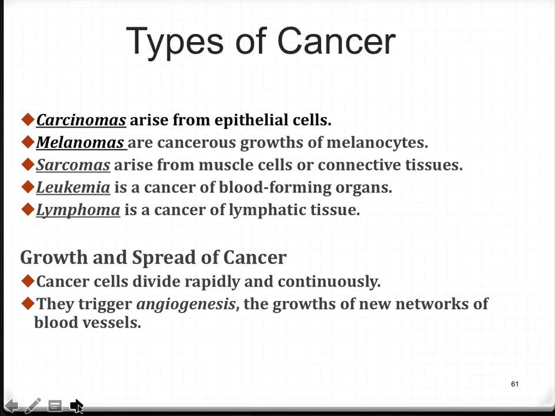Angiogenesis means the growth of new blood vessels. So some of the drugs these days actually target new blood vessel growth, because the idea is if you prevent the cancer cells from triggering new blood vessels, you'll essentially starve the tumor. Cells can't divide if they're starved. There are no materials for them to use to build more cells, and eventually the tumor will simply die.